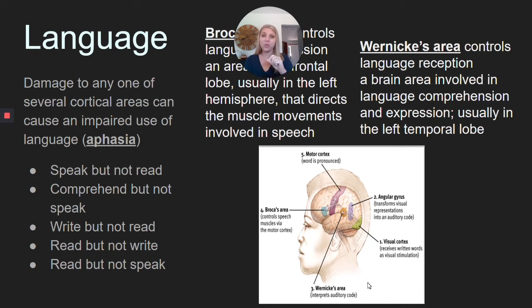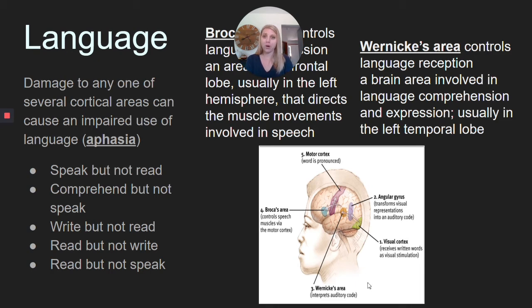And that has to do with the areas of the brain that are utilized here with Broca's area. So with Broca's area, left frontal lobe, right in front of the motor cortex, because in order to express my language, I got to be able to move something. I got to be able to move my mouth. I got to be able to move my hand. And so Broca's area is responsible for that.